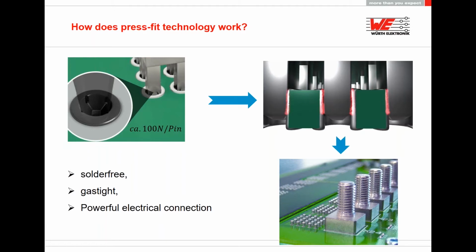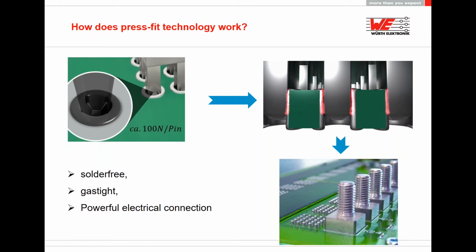So what we do, we press a massive pin into a via of the PCB, and we have quite high press fit forces. We have about 100 Newton of press fit force for a PCB thickness of 1.6 millimeter. Because of this force, we generate high friction in the via and generate a cold welding.